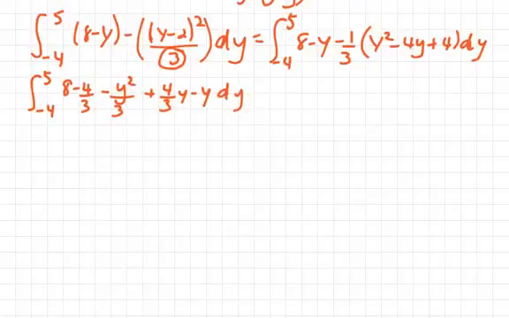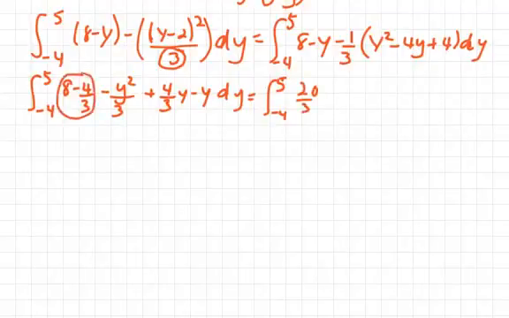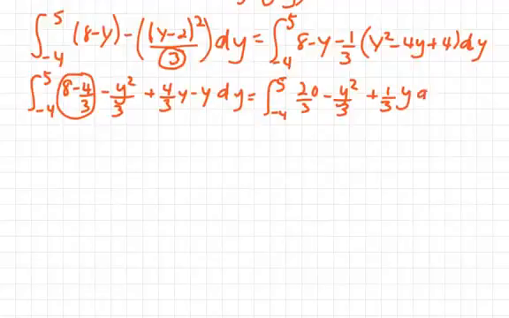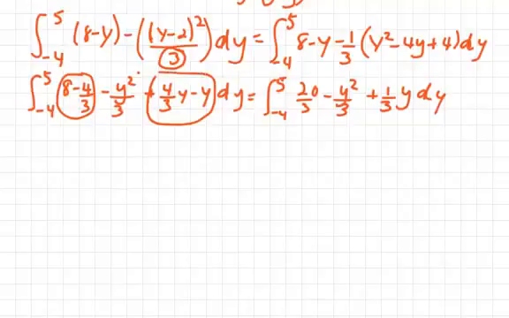So I'm going to collect those terms, and this is where your algebra needs to be extremely clean, and you're working with fractions as well. So this is 20/3. All I did was find a common denominator here and combine them. So this is 20/3 minus y squared over 3. And then I combine the y terms, which is 1/3 y dy. All I did was just do some combining here and cleaning up.